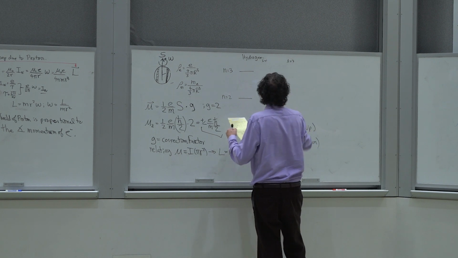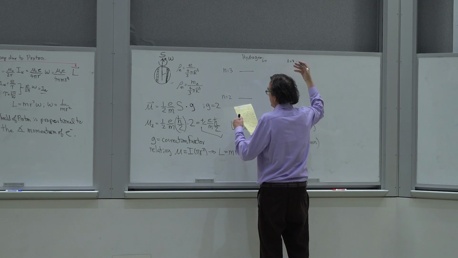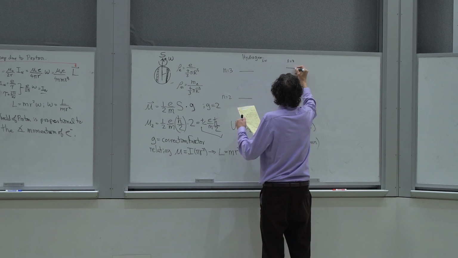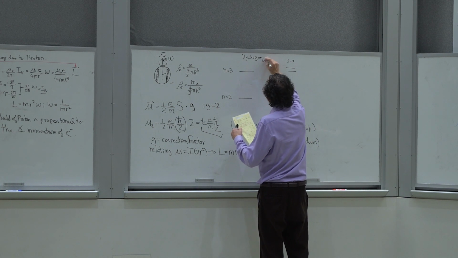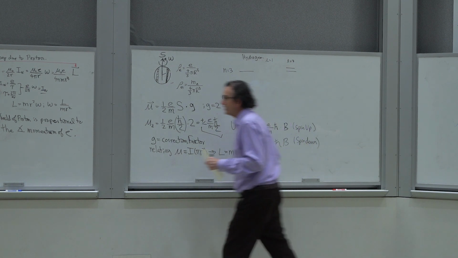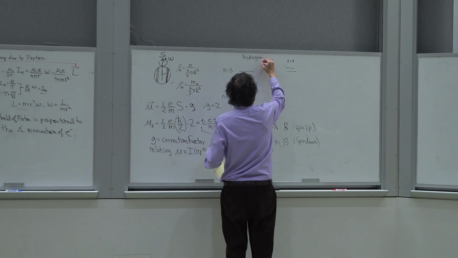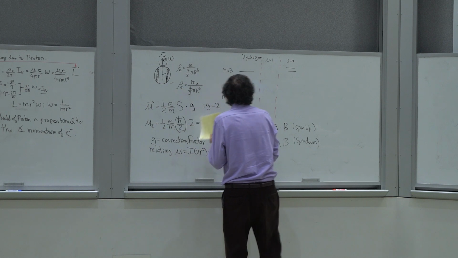In the L equals 2 shell, as in any other shell where L is not equal to 0, I'm going to get two energy levels, one for spin up and one for spin down. And over here at n equals 2 and L equals 1, I can draw divider lines so you can get a feel for what I'm doing.